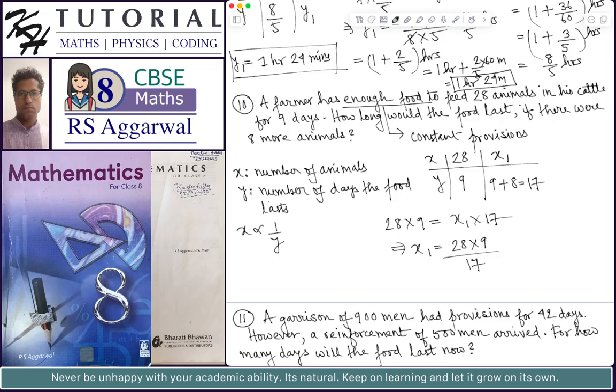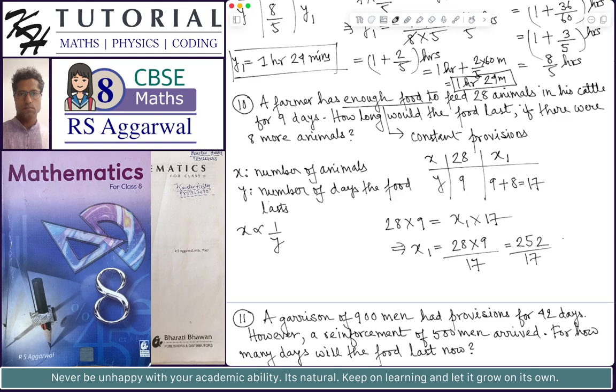It is strange that the value, so this is 14 into 2, 3 into 9. No, definitely this is not divisible by 17, 252 by 17.